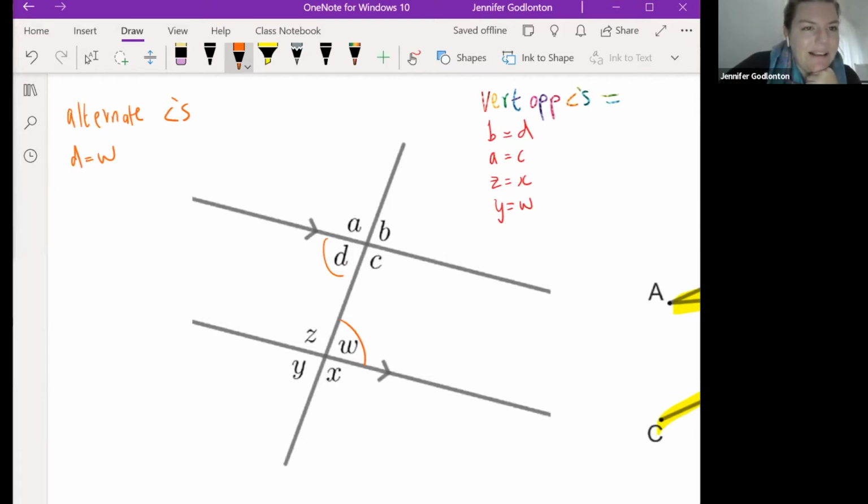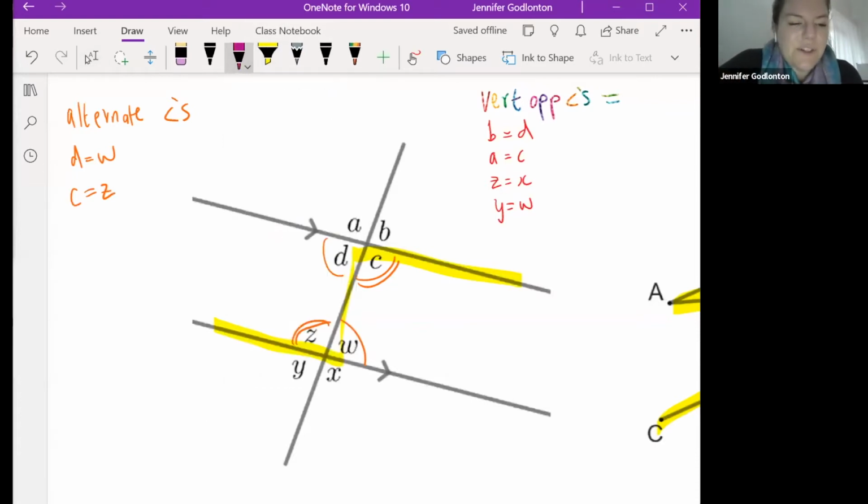Can you tell me another one? C and Z. Beautiful. So that one and that one. If we have a look, those are our Z shapes.